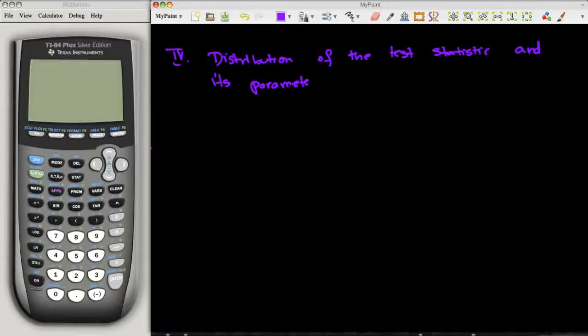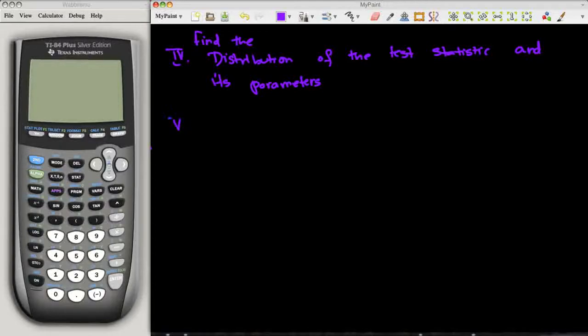So if you can identify the distribution of the test statistic, then you know what function to use on a calculator, you know what function to use in manual calculation, so this step is crucial. So you have to find the distribution of the test statistic and its parameters. Every statistical test will specify what the distribution of the test statistic is.